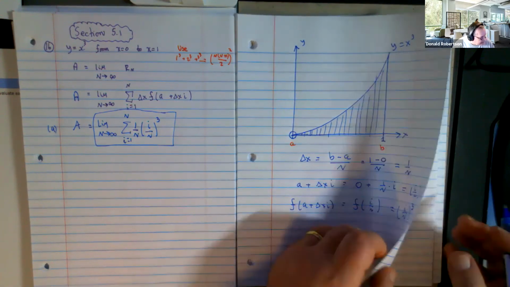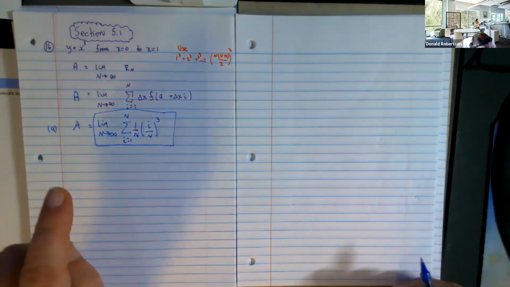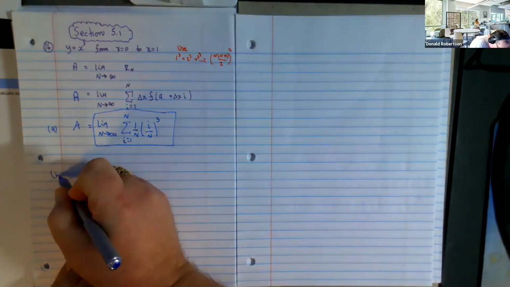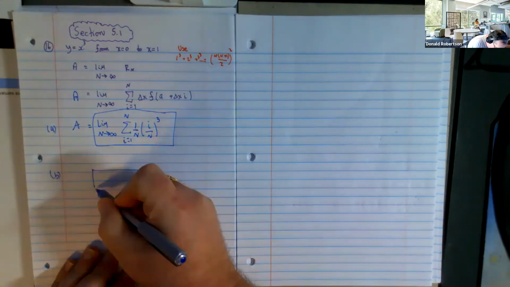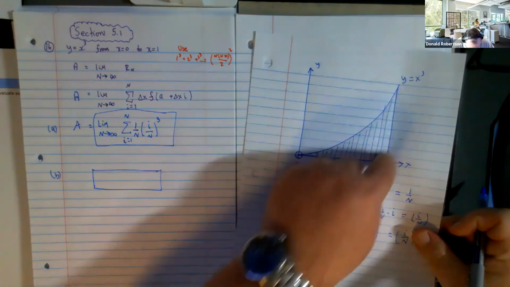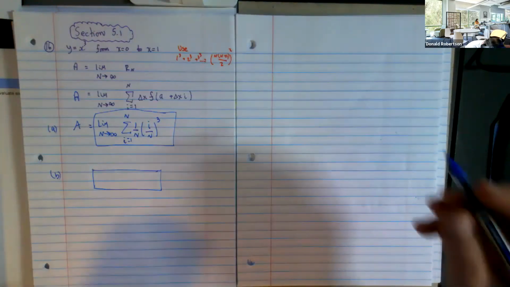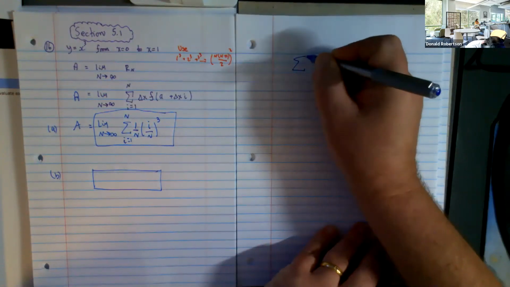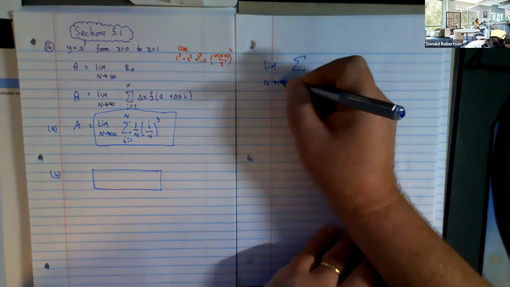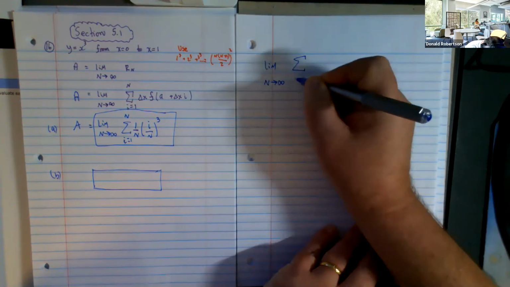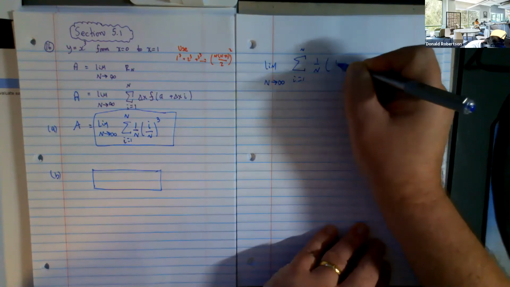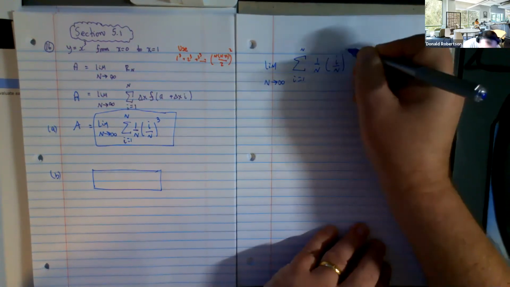You then go on in part B and get us to find what the answer to this is. So when I come to part B, I am going to put a fraction in here that represents this entire area. This is the working that's going to get that answer. It's going to be the limit as n tends to infinity of the sum from i equals 1 to n of 1 over n times i over n cubed.